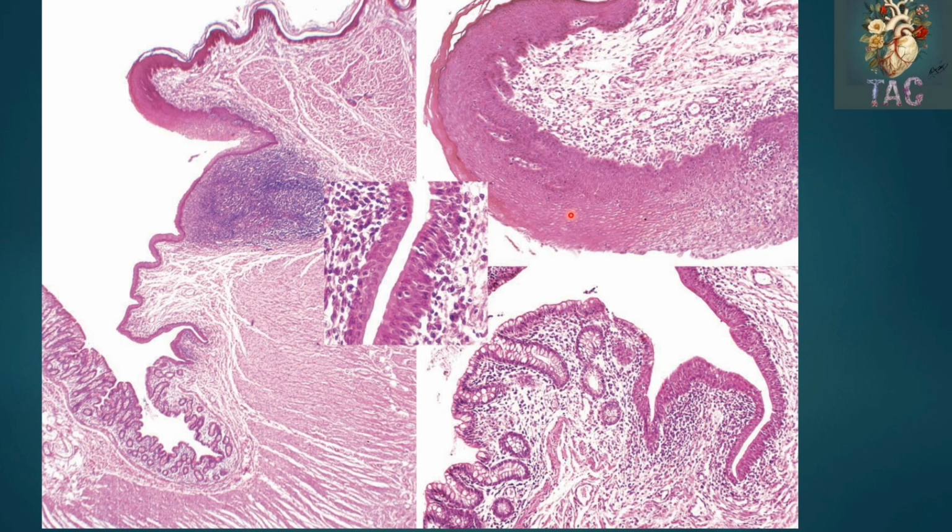You can appreciate the stratified squamous non-keratinized epithelium, and this epithelium now changes to the stratified squamous keratinized epithelium of the anus proper. And below the epithelium you can see the submucosa as well, containing the glands and the anal plexus of the superior rectal artery, which forms the internal hemorrhoids.